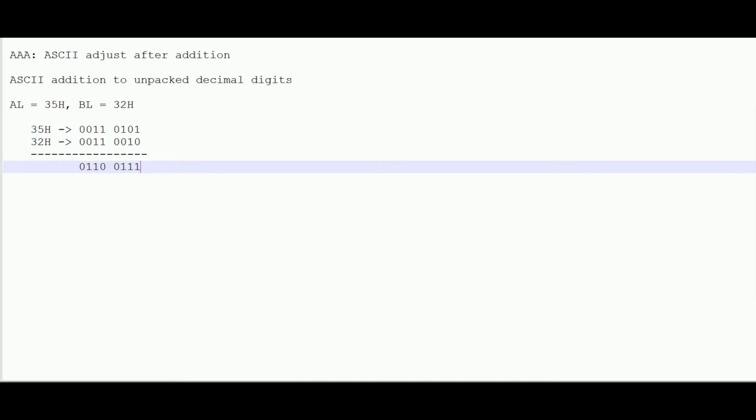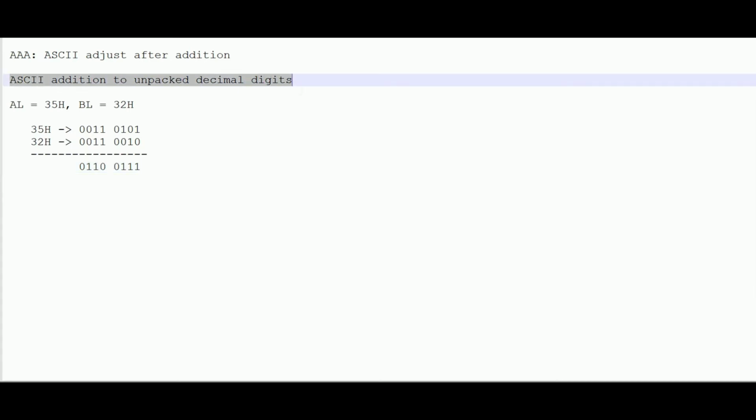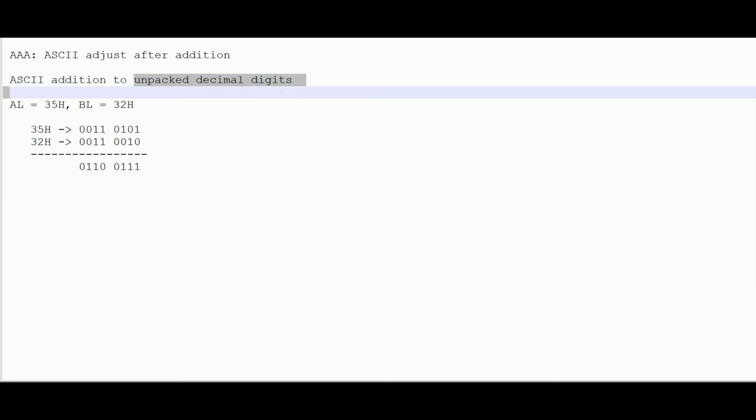But when this needs to get displayed on your monitor, this 6 should be converted to 0 and the 7 should remain as it is, because this is an ASCII addition to unpacked decimal digit. Now you are aware that unpacked decimal means one byte contains one digit.